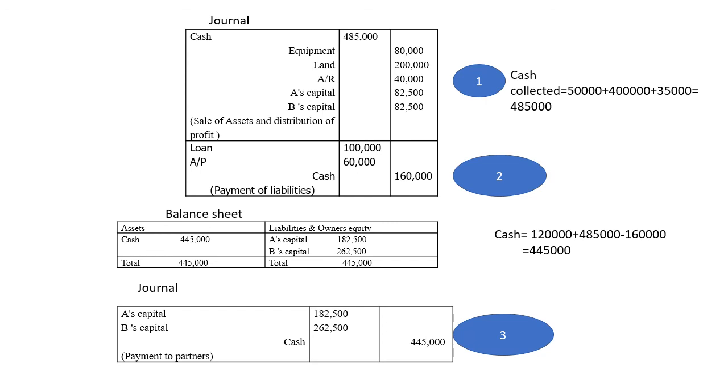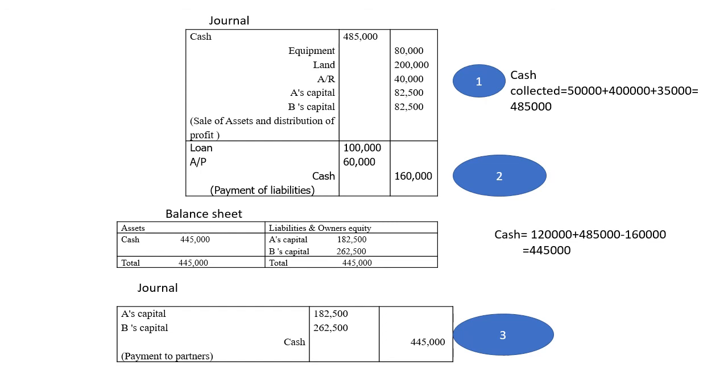So 120,000, the available cash before liquidation, plus the cash collected from selling the assets, 485,000, minus the cash paid to repay the liabilities, 160,000. You get cash of 445,000 in the balance sheet after liquidation.